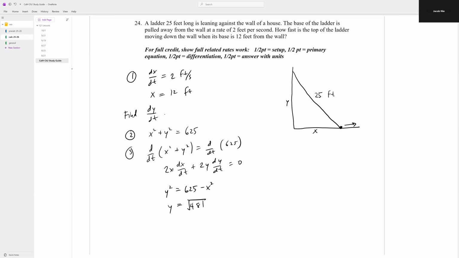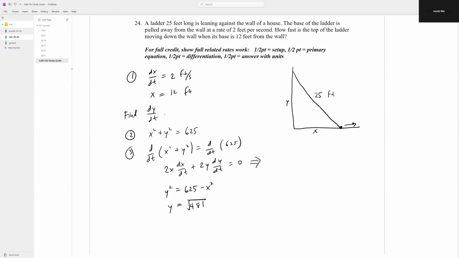I don't think that's divisible by anything. Well, it's divisible by 13. 13 times 37. So we can't simplify that radical. And so now we know y, so we can plug that into our equation here.